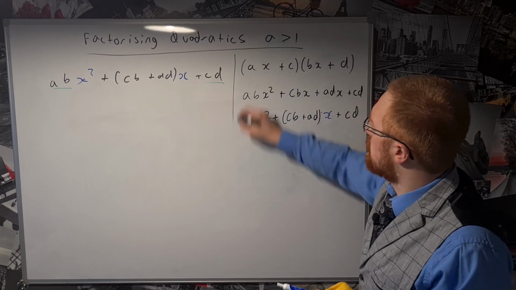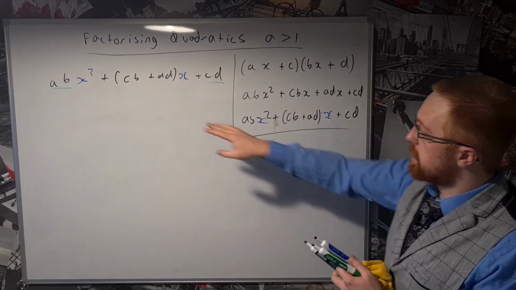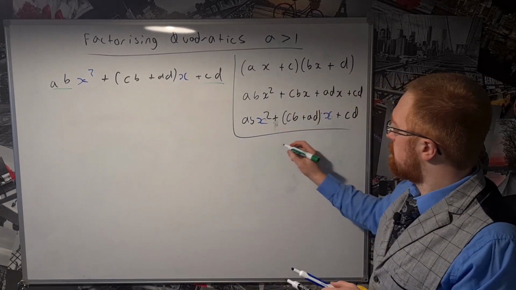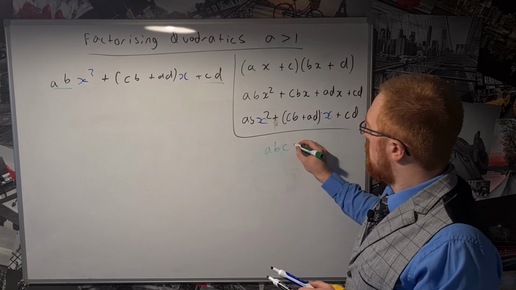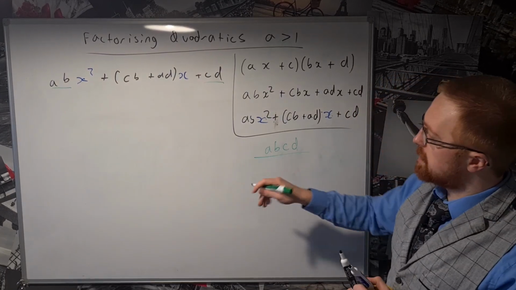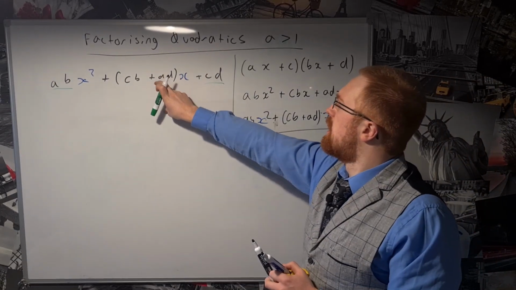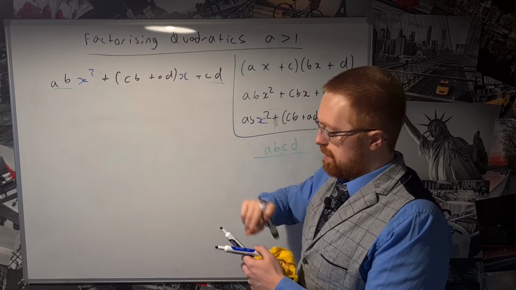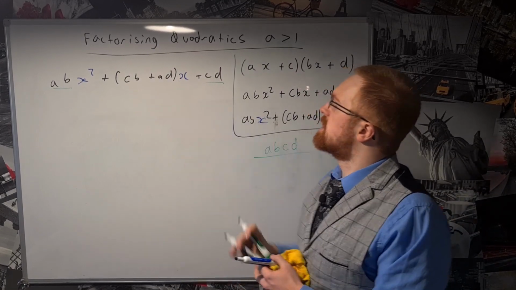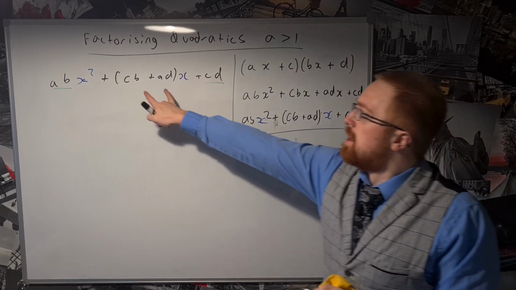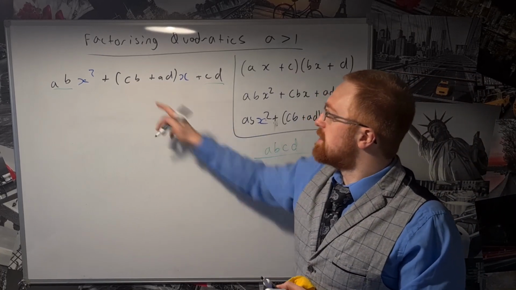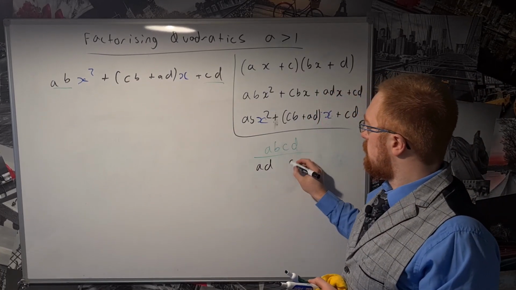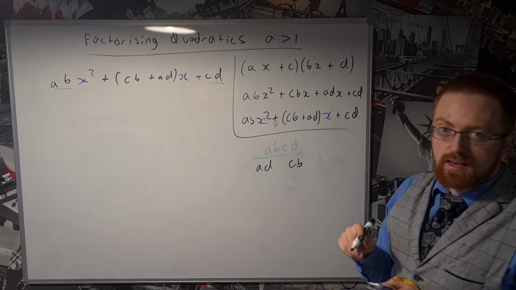I'll do that just underneath. And that's going to give me abcd. And we're looking for a factor pair of abcd, which adds to give me cb plus ad. Well, if we do cb times ad, then that's going to give me abcd.